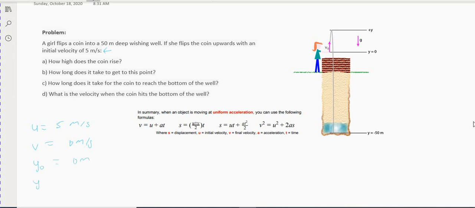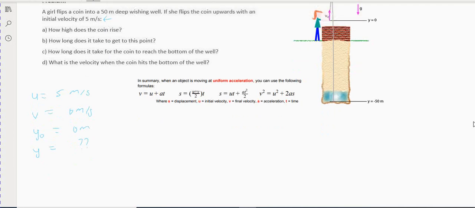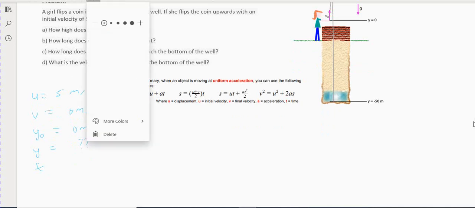We're trying to find y, so we don't know that. In this case, we don't have anything to do with time. We don't know the time as yet, so time is an unknown. So we can't find time, or we can't use an equation that has time in it.